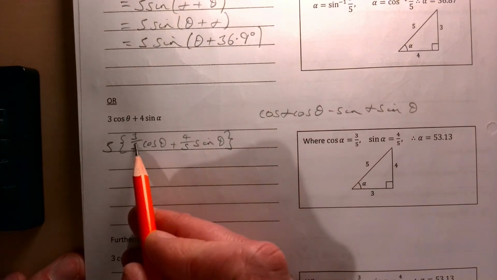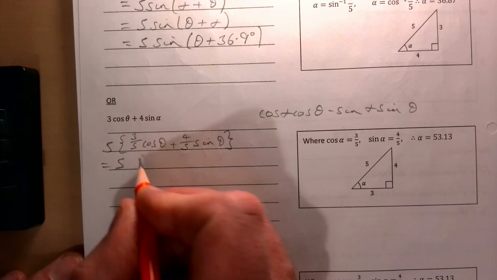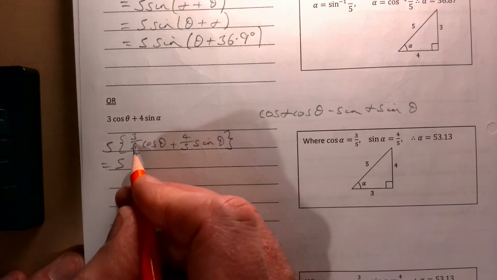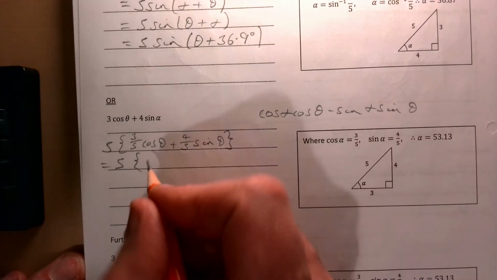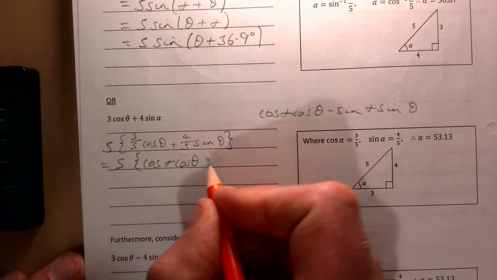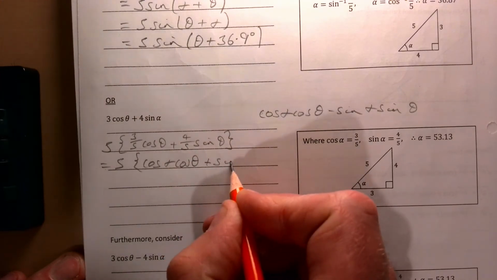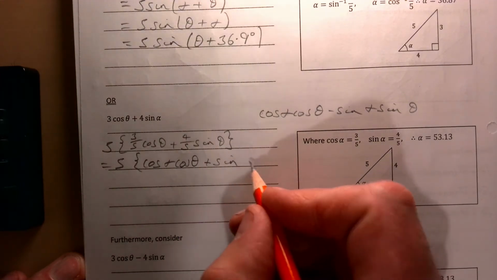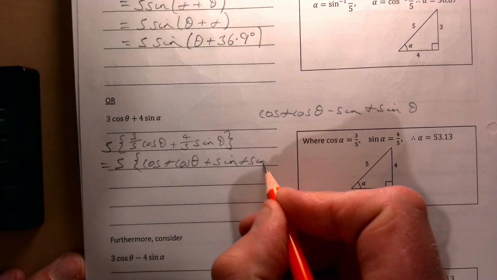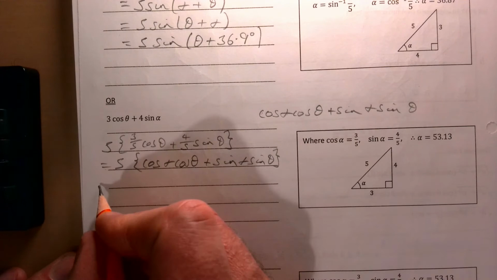This here, we're going to let this equal this, so it's going to be equal to 5. I'm letting the 3/5 be cos alpha, so that's cos alpha cos theta plus sine alpha sine theta. Sorry, did I make a mistake up there? That should have been a plus. I was getting mixed up with the next line.